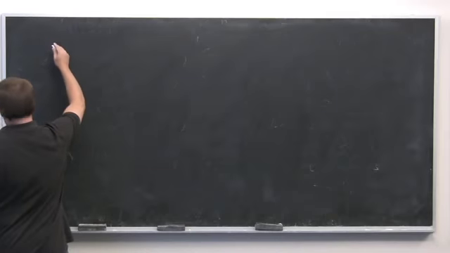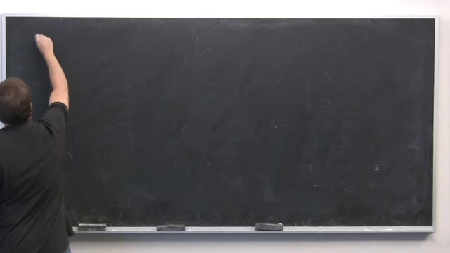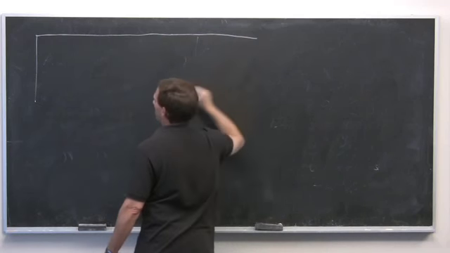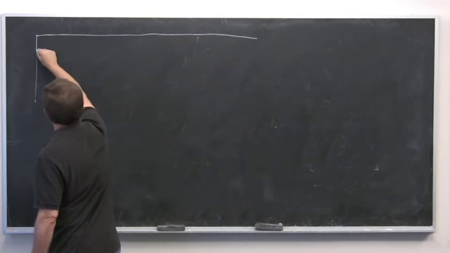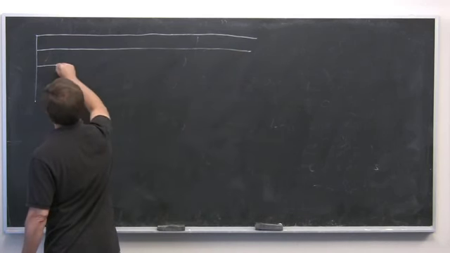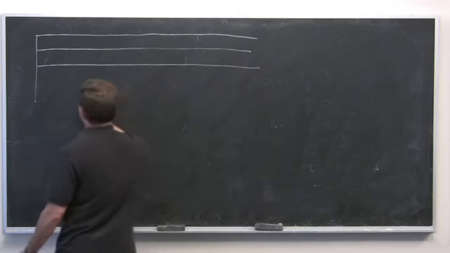I want 4 rows and 5 columns. Well, it looks a lot better in the book. My ability to draw very rectangular tables on the board is, yeah, we'll see.